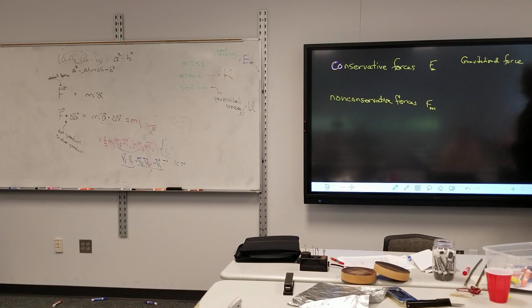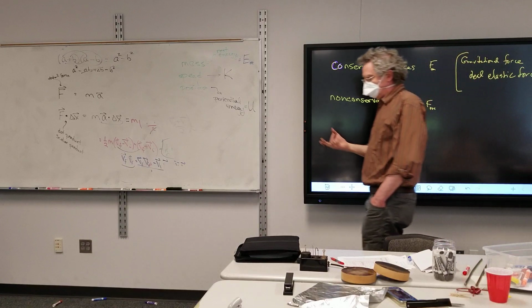There are other forces that we will get in this course. Gravitational force includes weight. Weight is conservative. And then sort of ideal elastic force, an ideal slinky or an ideal rubber band.